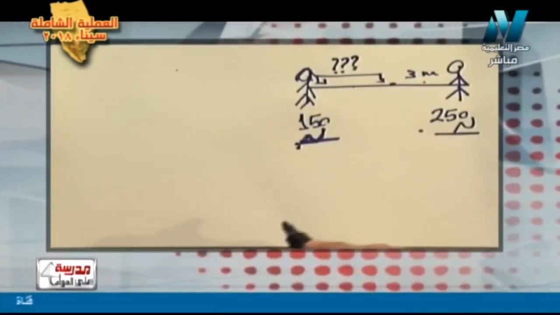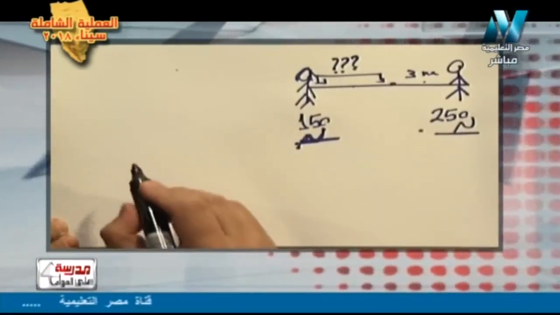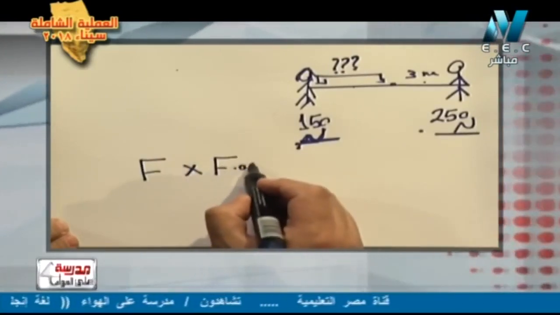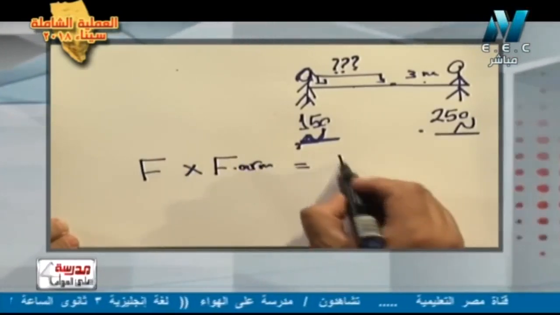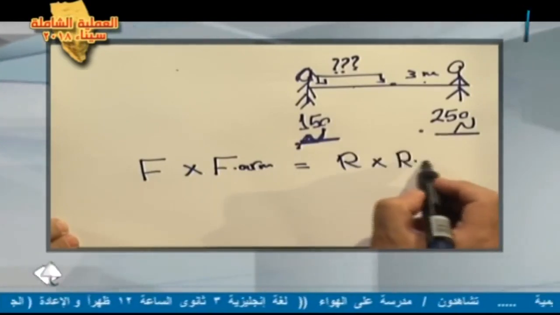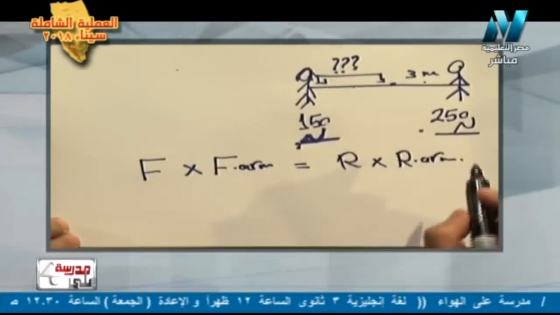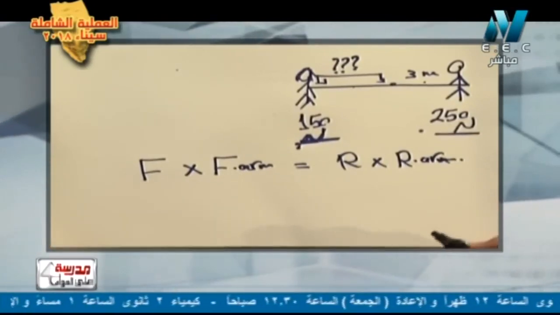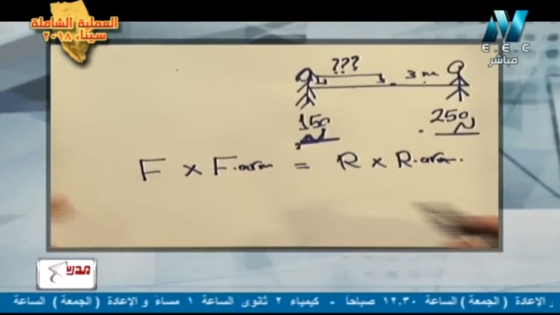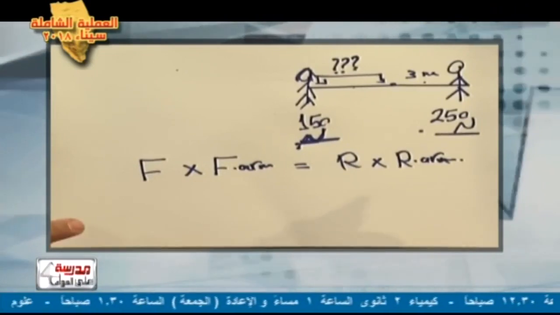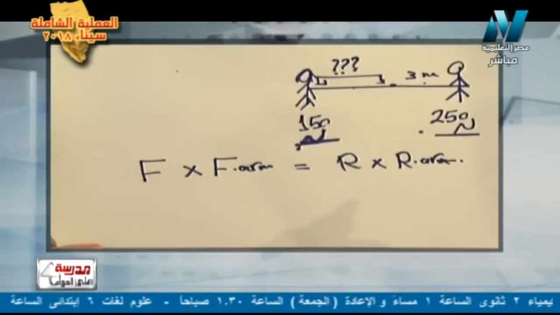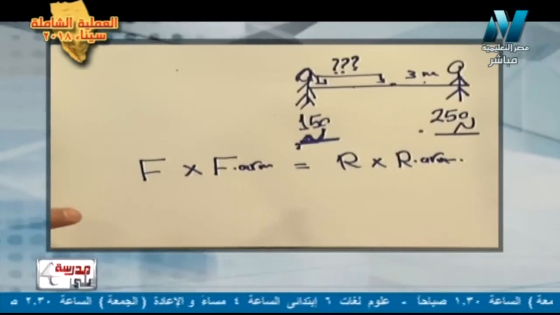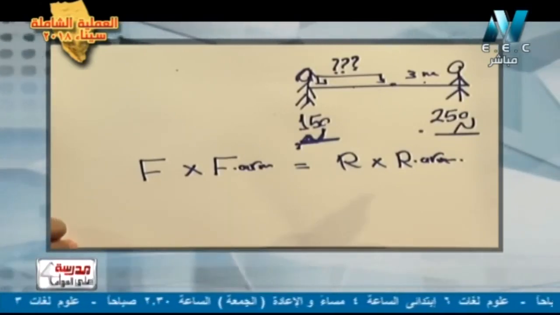So now let us write the law first. The law says: effort force by effort force arm equals resistance by resistance arm. Now I can hear someone asking where the effort is and where the resistance is. Here I can consider either one as the effort force or the resistance. For a seesaw or a balance, I consider either of the two sides as the effort force and the other as the resistance.